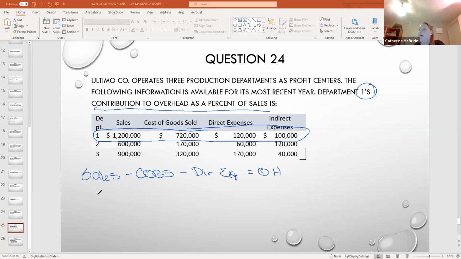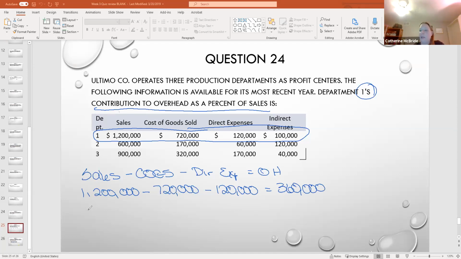So we have 1,200,000 in sales minus 720,000 in cost of goods sold minus 120,000 in direct expenses. Okay, that's good. Equals 360,000 for overhead. So now I can do my formula.